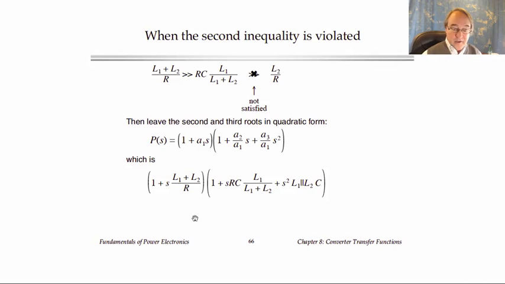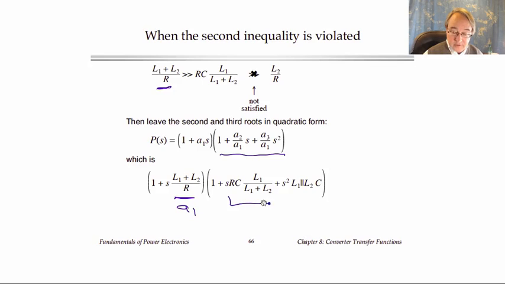Now let's suppose that the second inequality is violated. In that case, we have to leave the second and third roots in quadratic form. And so here is the correct form for this second case: 1 plus a2 over a1 s plus a3 over a1 s squared. Here is our a1, which is this term.